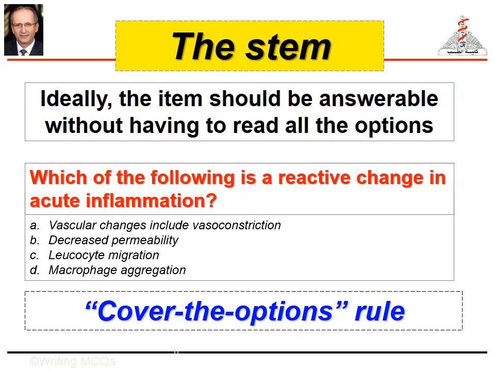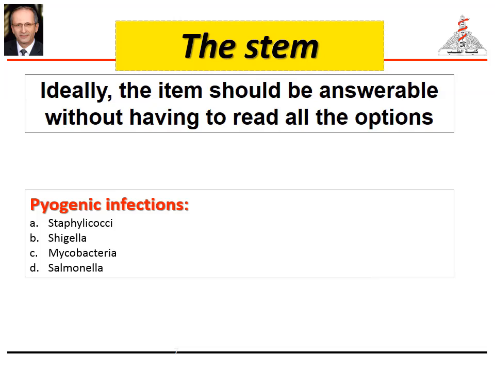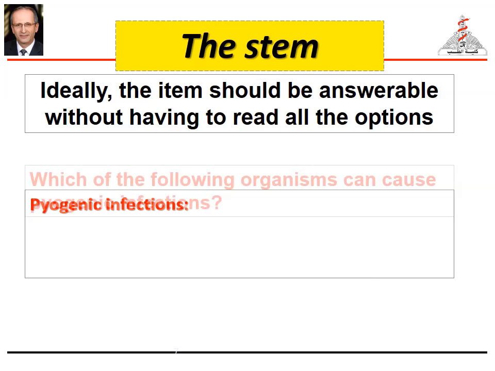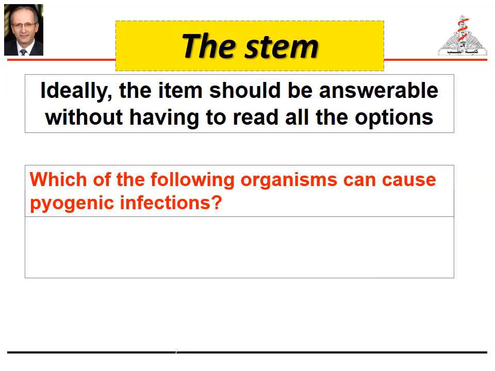Again, if you cover the options, you cannot propose any answer with this poorly formulated stem, pyogenic infections. But if you correct it, which of the following organisms can cause pyogenic infections, then you can propose some answers. Don't forget, cover the options rule.